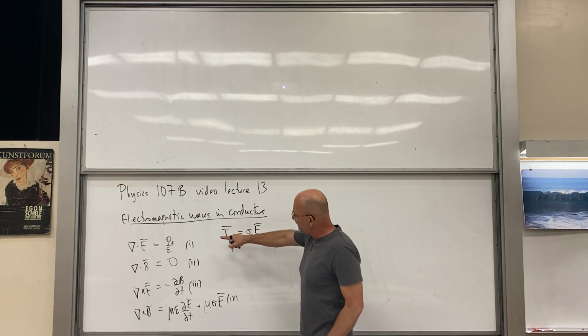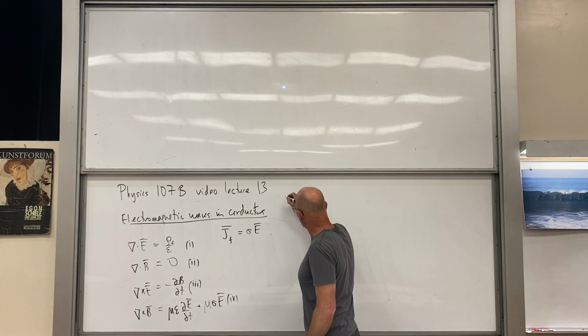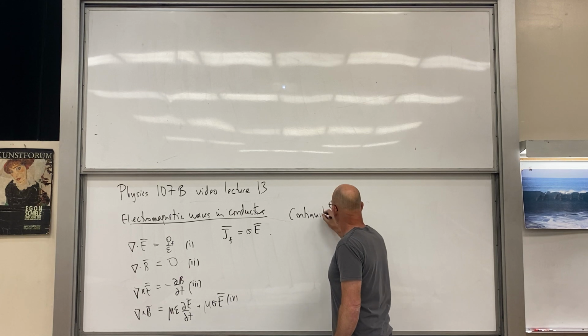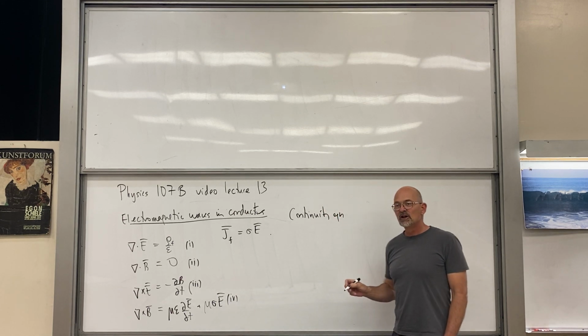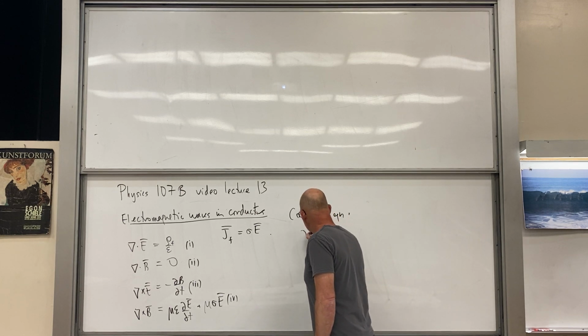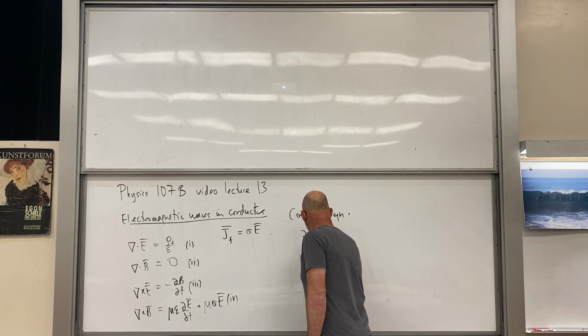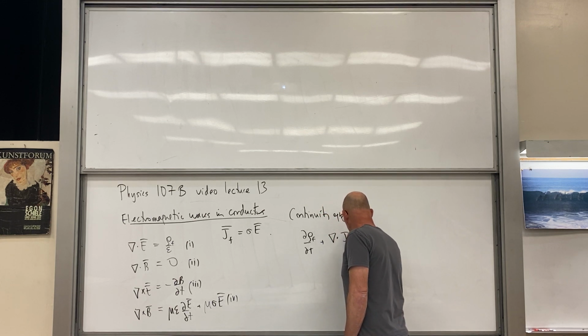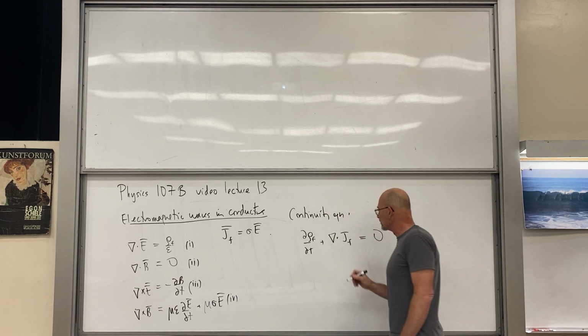But first we're going to talk about the continuity equation. We also have a continuity equation for the free charge, and that would be d rho sub free dt plus divergence of J sub free is equal to 0.